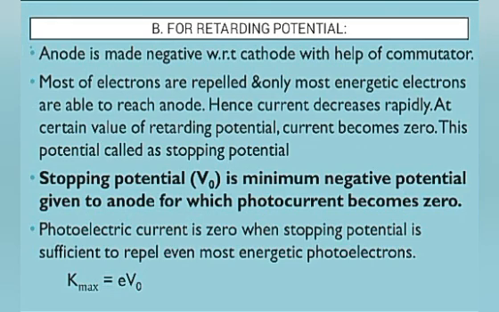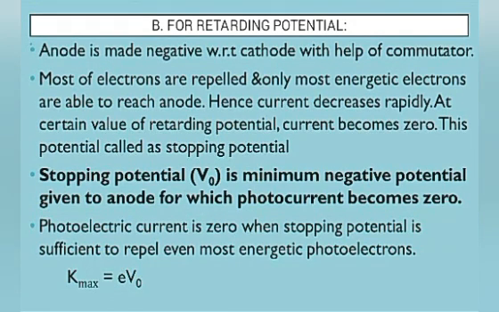At certain value of retarding potential, current becomes zero. The minimum negative potential given to anode, for which photocurrent becomes zero, is called stopping potential or cutoff potential.